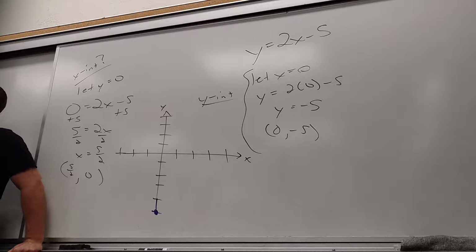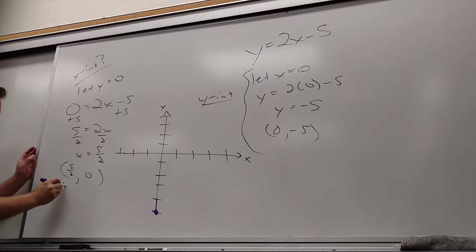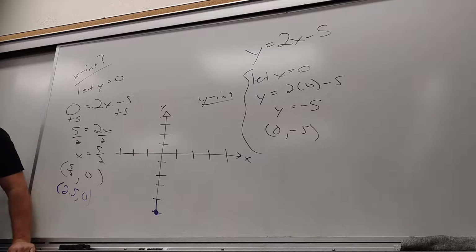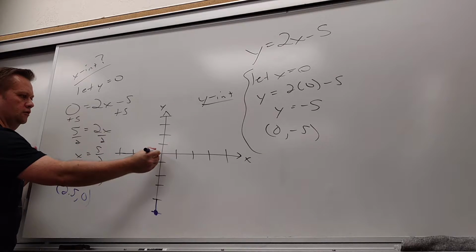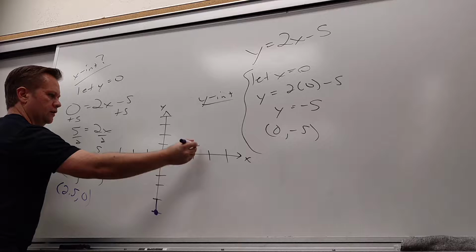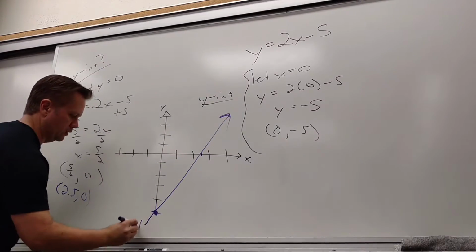And then I know this one. Where's that? 2.5 is easier for me to think about when I want to graph. Where's 2.5, 0? Right, between here, up and down, none. And then there's my line. Woohoo! That's pretty good for me.